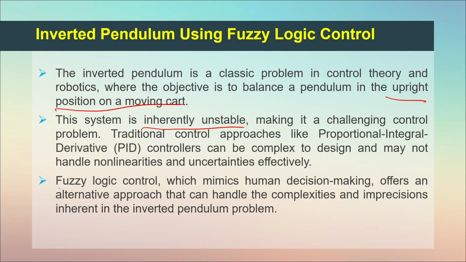We can go with a traditional PID controller, but it cannot handle the non-linearities, uncertainties and vagueness present in the environment. So, we came to fuzzy logic because it tries to mimic the human decision making process.